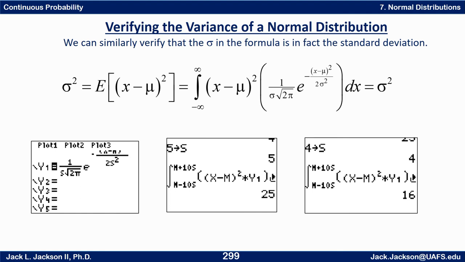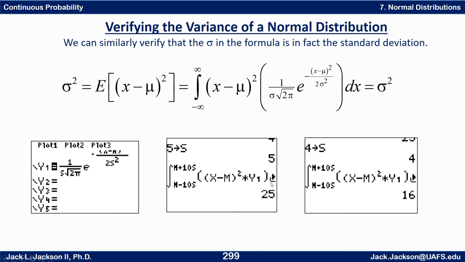Store anything you want in m. And then I stored whatever I wanted in s. So here I stored 5 in s. And I'm going to integrate, I can't put negative infinity to infinity, so I'm going to do m minus 10s to m plus 10s. And then I'm integrating x minus m, where m is mu, x minus m squared times y1. y1 is my PDF formula.